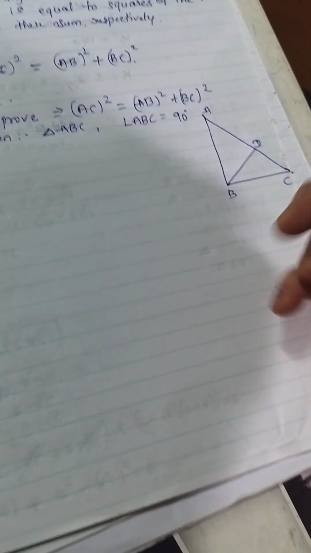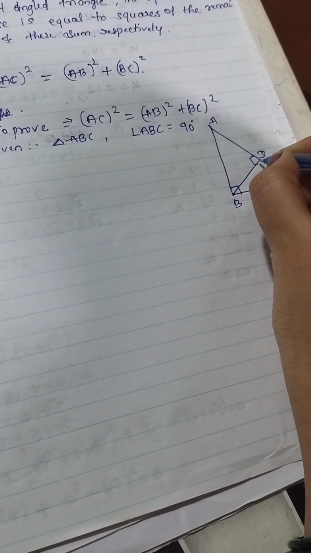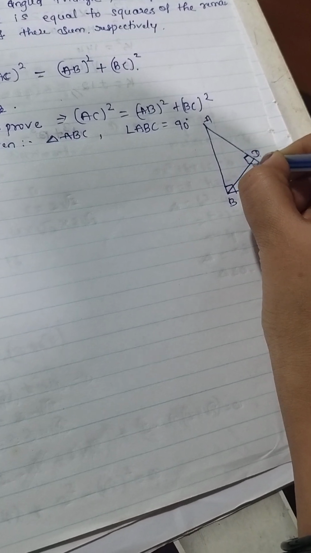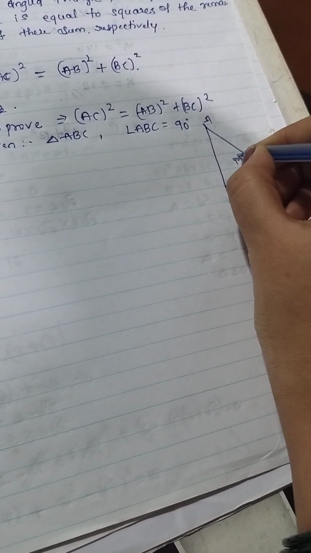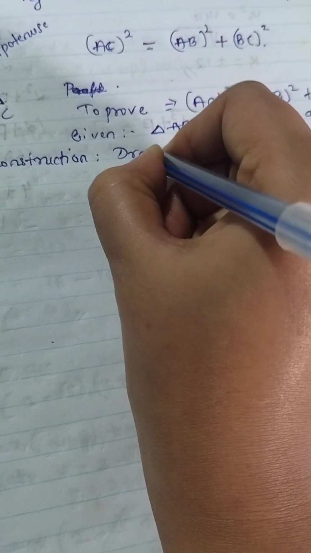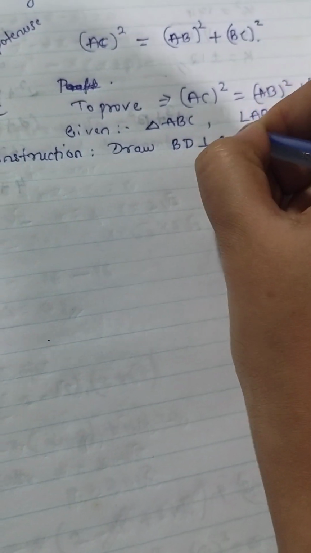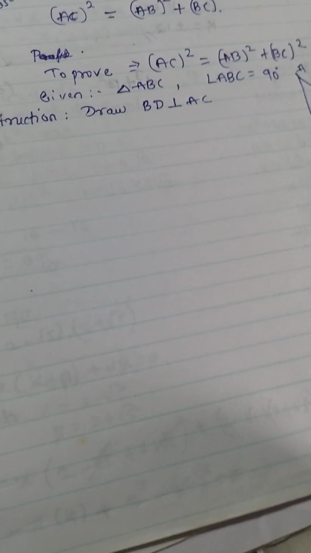Which is perpendicular to AC means here it is 90 degrees. Okay, so construction: draw BD perpendicular to AC. Correct.